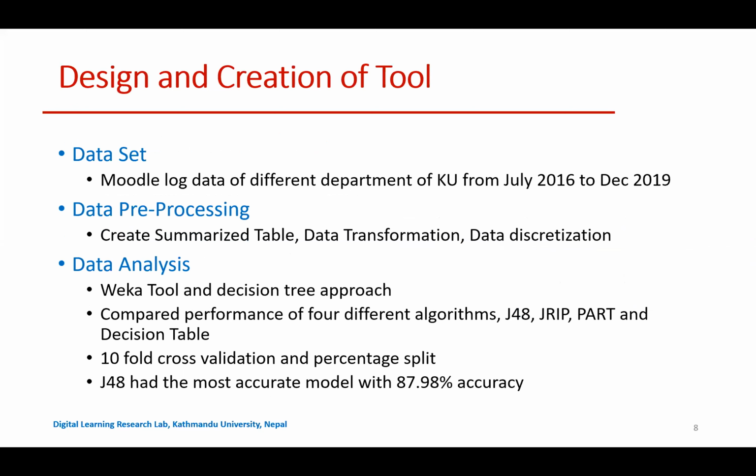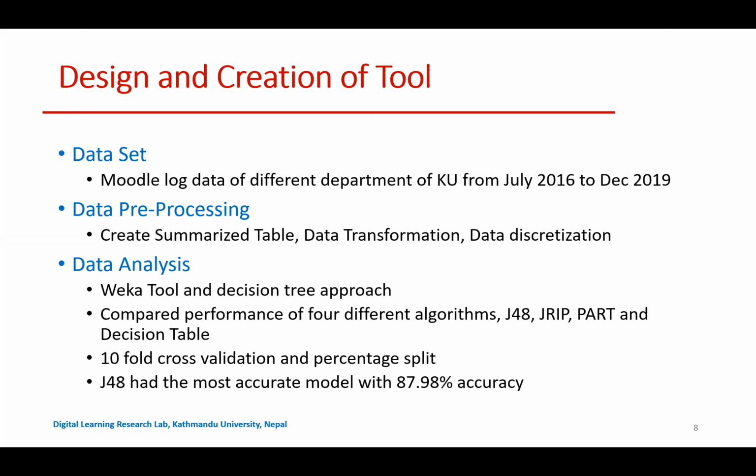After that, the tool was designed by processing the Moodle log data and analyzing it in the Weka tool through the decision tree approach. We compared 4 different algorithms, J48, JRip, PART, and decision table, and found that J48 has the most accurate model, with 87.98% overall accuracy.